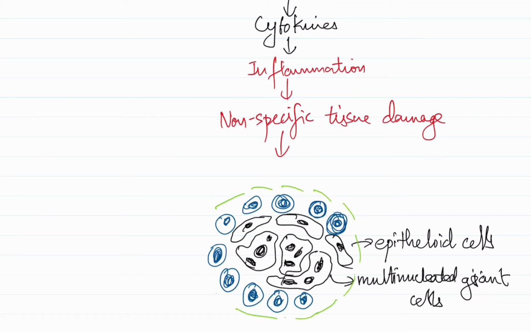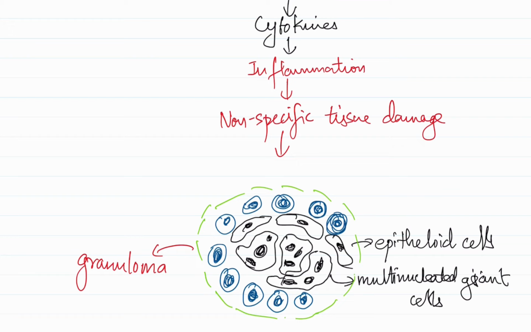This whole structure, wherein there are epithelioid cells and multinucleated giant cells in the center, surrounded by a rim of lymphocytes, and peripherally another rim of fibroblasts, is what we call a granuloma, which is a characteristic finding seen in type 4 hypersensitivity reaction.